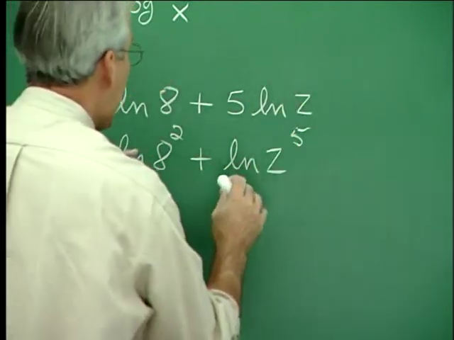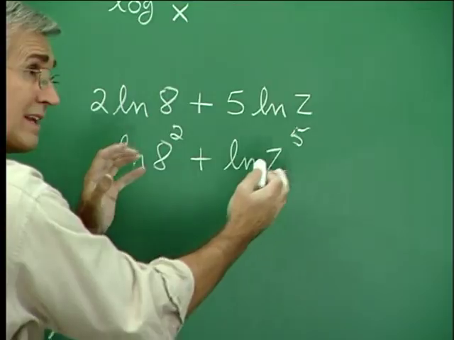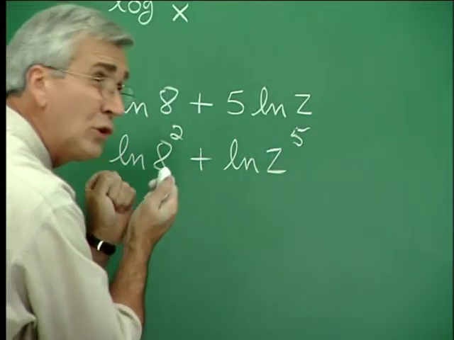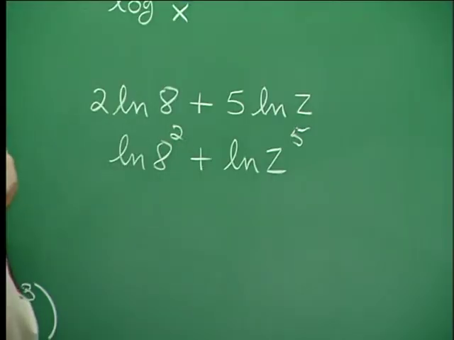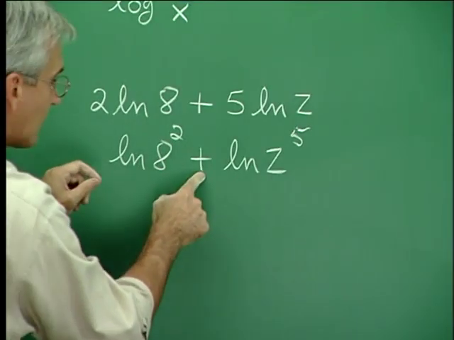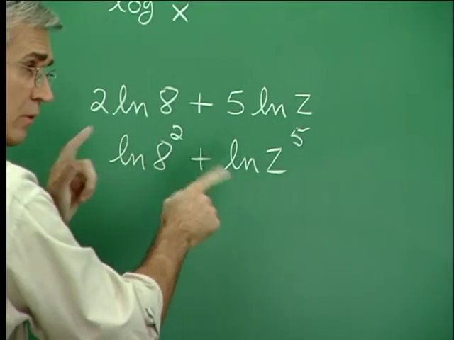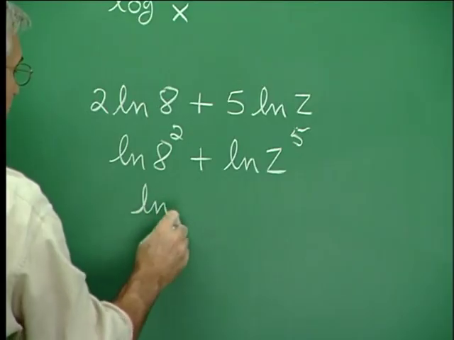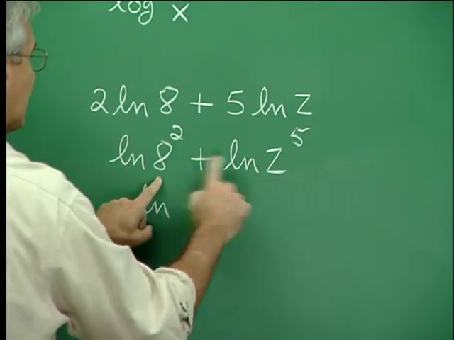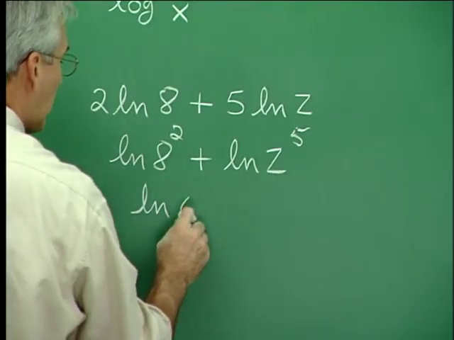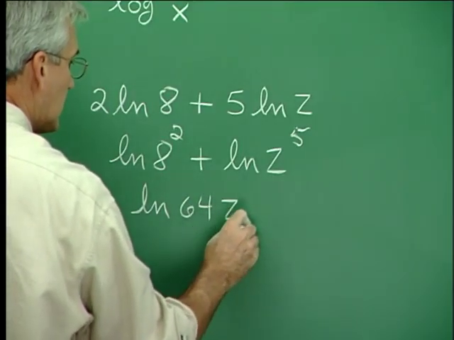And now, after doing that, we can bring these together using either the quotient property or the product property. Here we have the sum of two logarithms, and so we're going to use the product property. So we have the natural log of the product of 8 squared times z to the 5th. Now 8 squared is 64, so this is 64 z to the 5th.